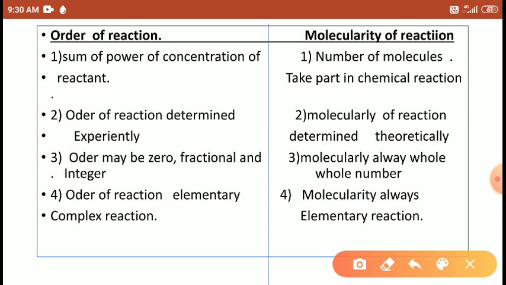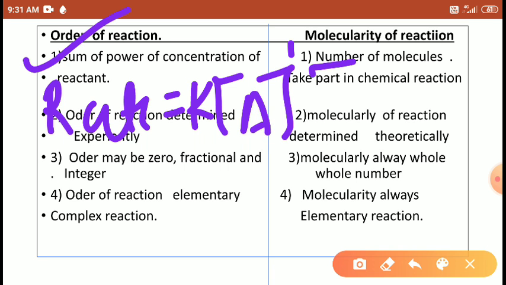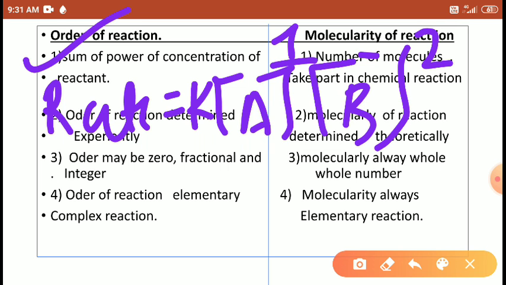Okay, students, next is the difference between order and molecularity of reactions. Order is the sum of the powers of concentration of the reactants. In the rate equation, the power of the concentration of reactant A is 1, and the power of the concentration of reactant B is 2.